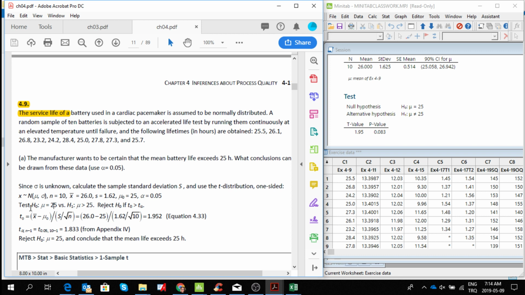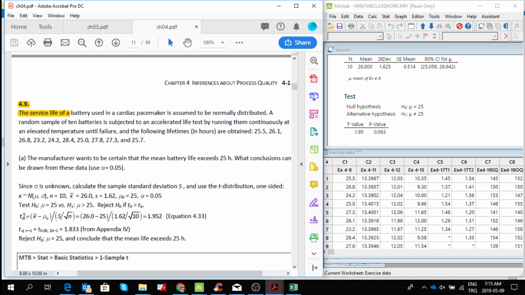So our test hypothesis is: null hypothesis mu is equal to 25, and alternative hypothesis mu is strictly greater than 25, because they're interested in whether the mean battery life exceeds 25 hours. Because of that we have that. So we are going to reject H0 if t0 is greater than t alpha, yeah?